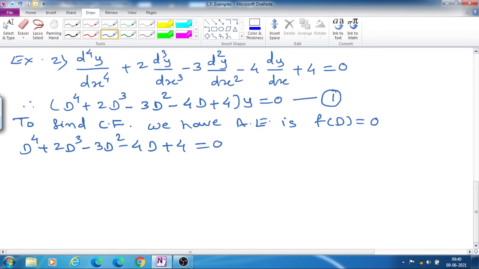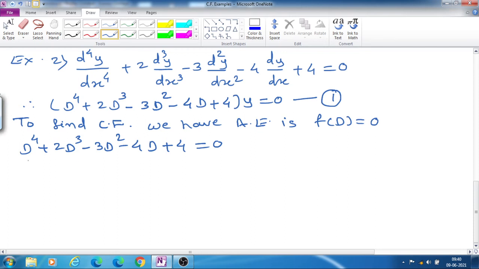Now you see here, in the previous example the sum of the coefficients of odd degree terms and even degree terms was equal.